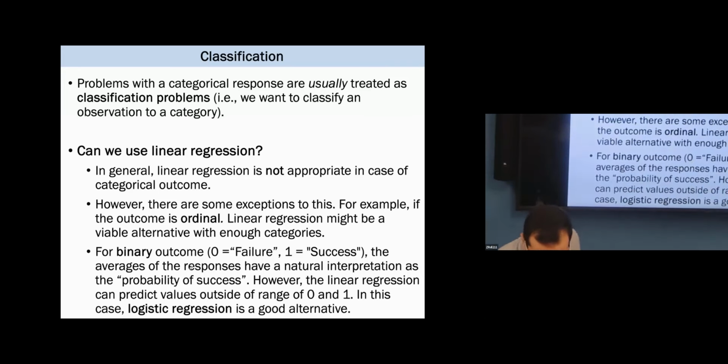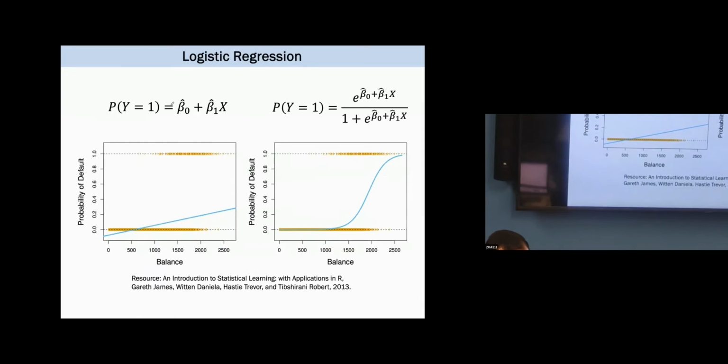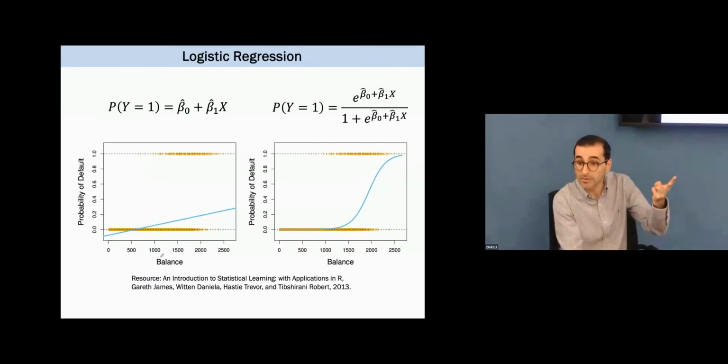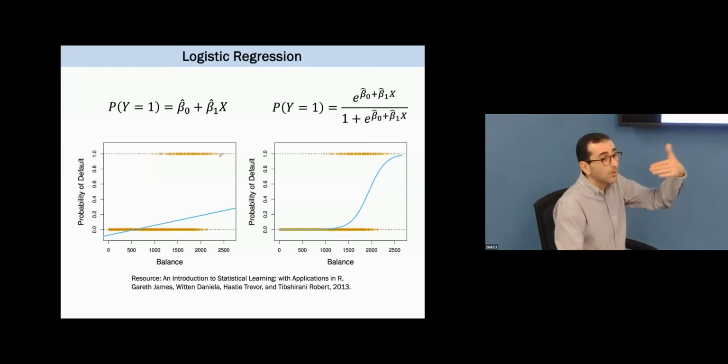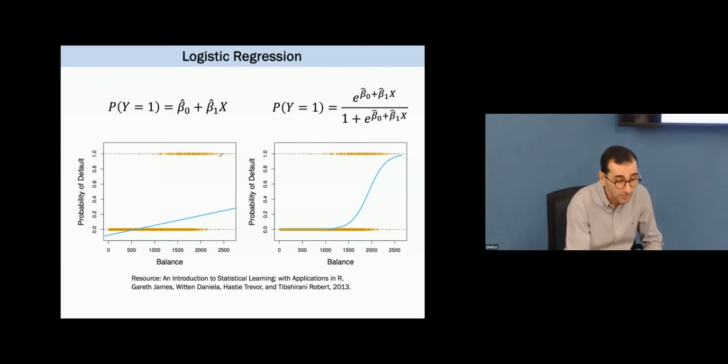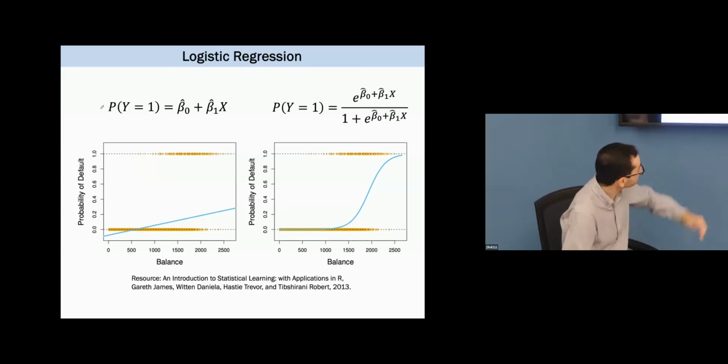Okay, and here I have an example. Here I have a scenario with 2 categories. It's a binary data set. Let's say some values are here. That's a failure. That's a success in this data set. What happens if I apply the linear regression? Here I apply the linear regression, so you can see the model.